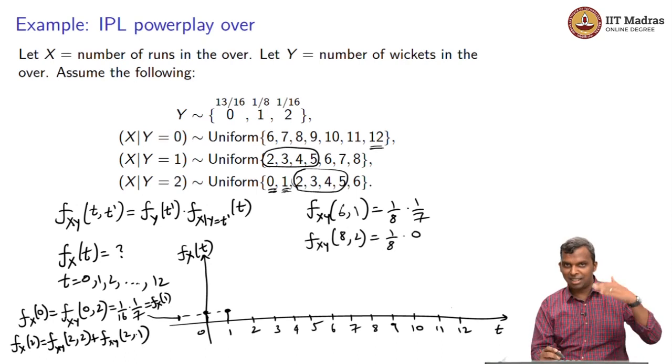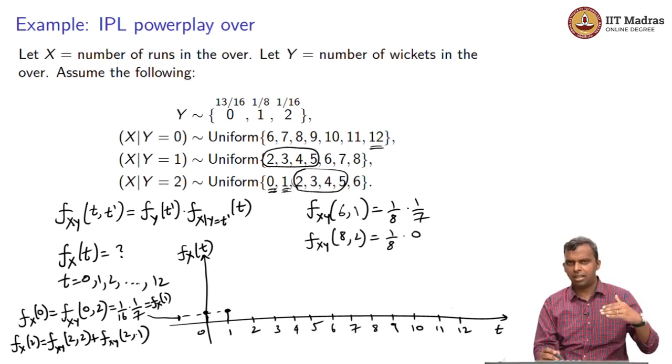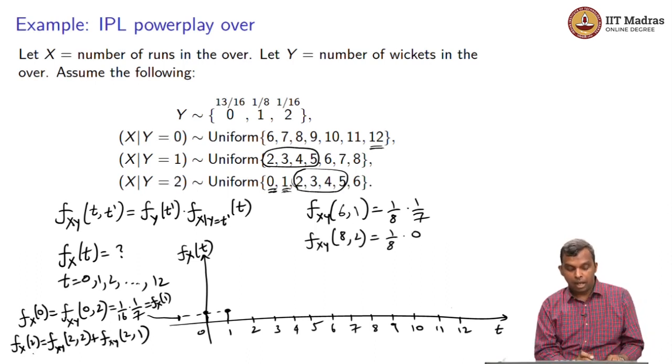So you see the marginalization happening. x equals 2 occurs when y is 2 and when y is 1. When y is 0, x equals 2 will not occur, so I do not have to worry about it. I am keeping x fixed at 2 and summing over all possible values of the other variable.